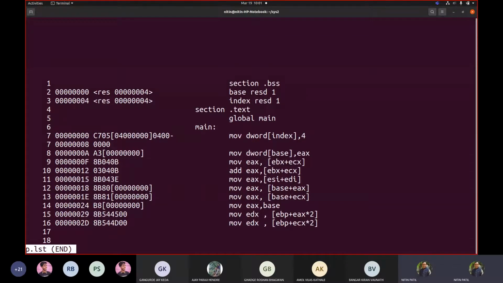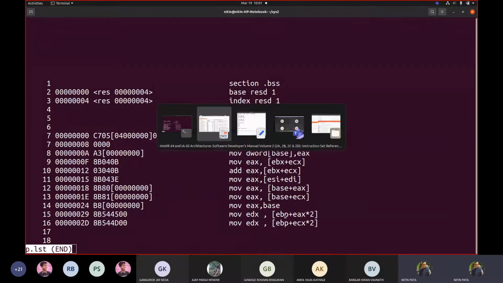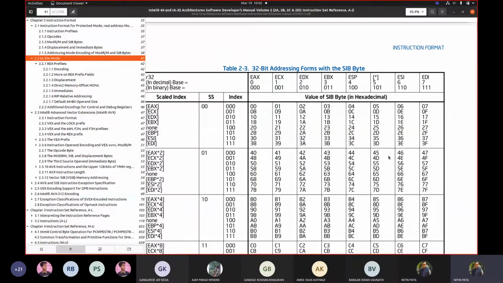Okay, what this 0 0 is for, we will work out. Let us not worry much about it. We are getting something which is 0 0. We are not sure about that 0 0 right now, because if I see the pattern that is followed, will that 0 0 continue? So now we got 4D. So let us see where is 4D. This 4D, because you are using ECX there, the multiplication factor.